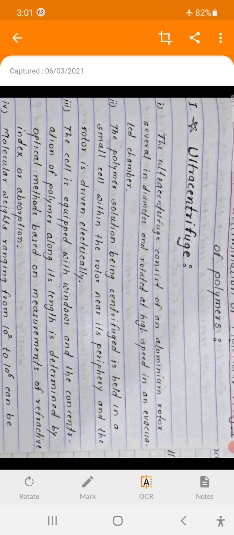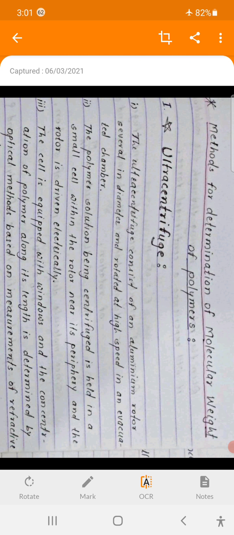Therefore, as we already discussed, in the case of polymer molecules, instead of exact molecular weight, the average molecular weight is determined. Two methods are given here for determination of molecular weight of polymer samples.